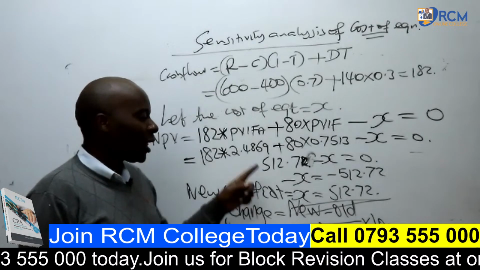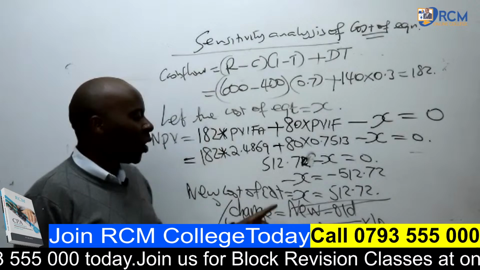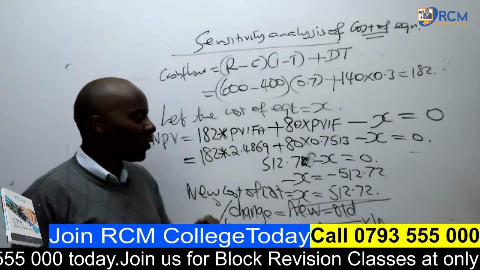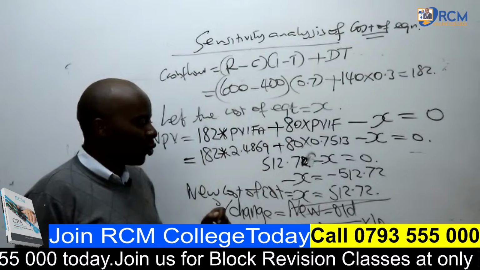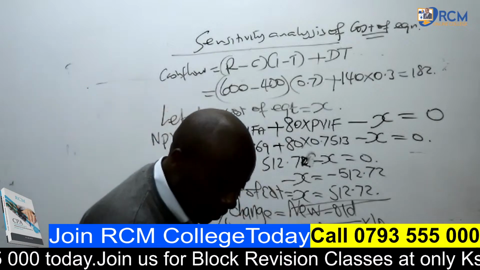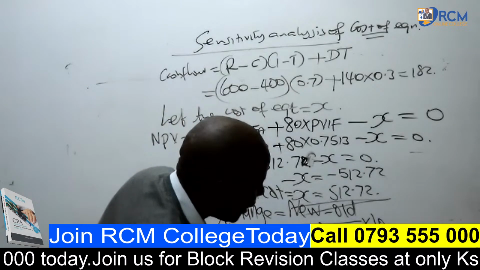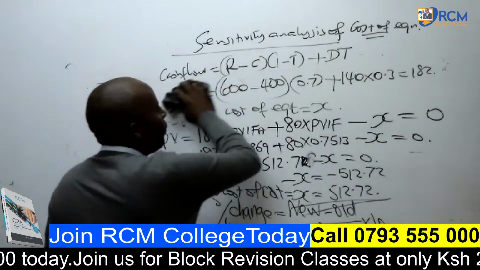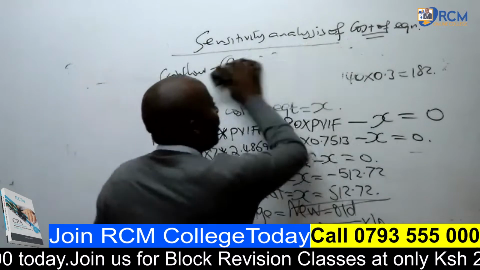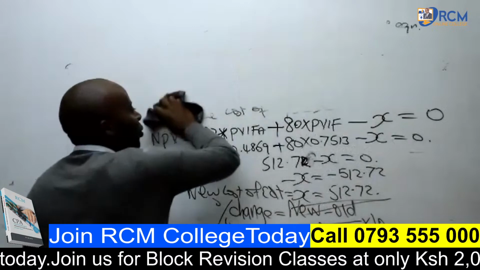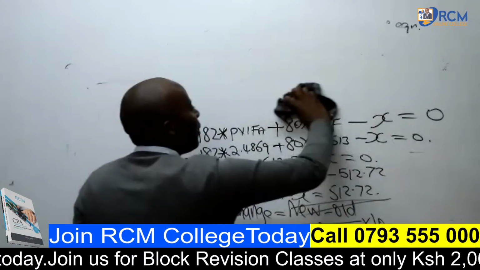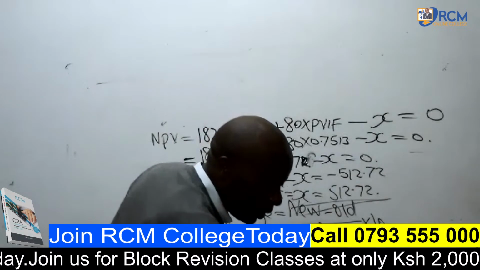So you take the new, like now here the new cost of equipment is 512.72. You subtract the old, you divide by the old again, times 100. I know first when I do this, it looks quite confusing, but after I do the second question, you will become professionals in this.